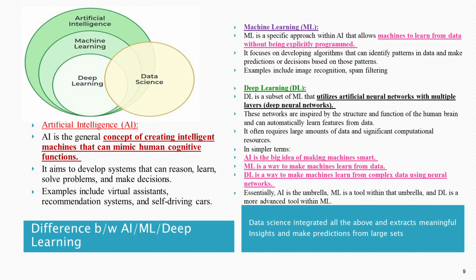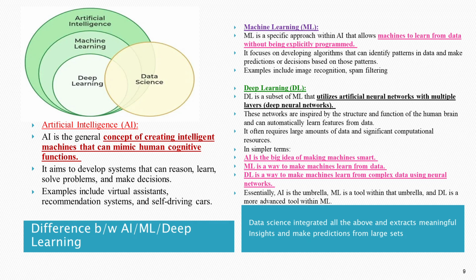In simpler terms, what are AI, ML, and DL? AI is the idea of making the machine smart. ML is a way to make the machine learn from data and past experiences.